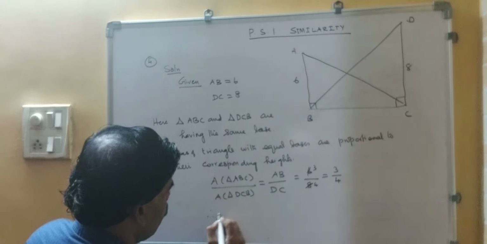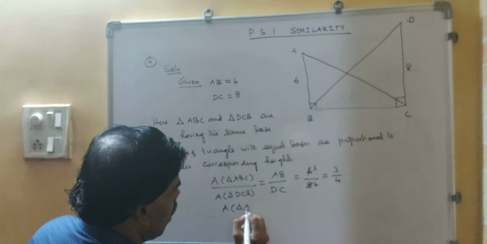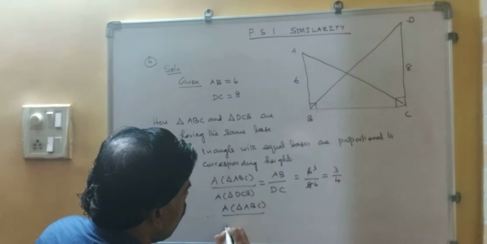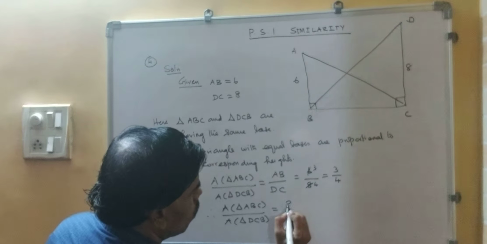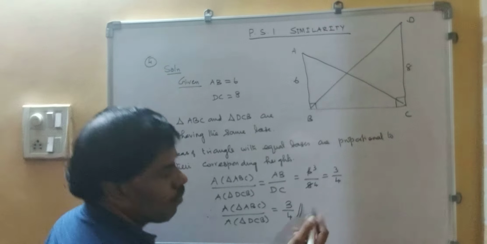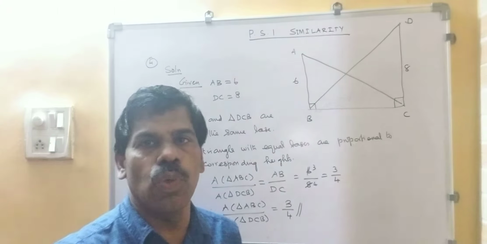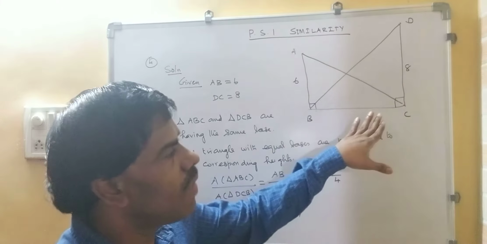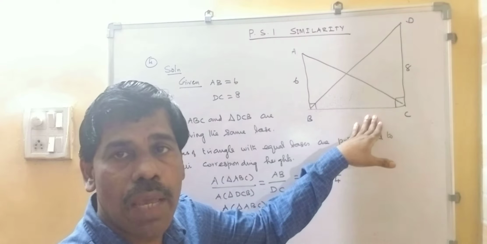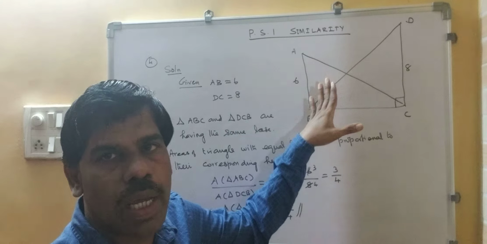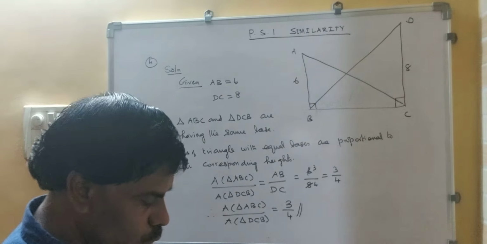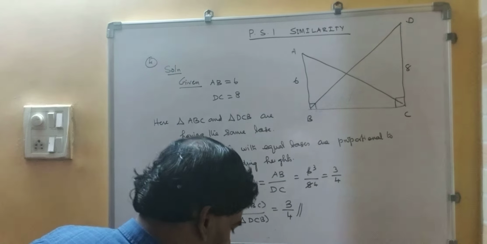Therefore, the ratio is 3 upon 4. Here, because the two triangles have the same base, their areas are proportional to their corresponding heights. We used it.